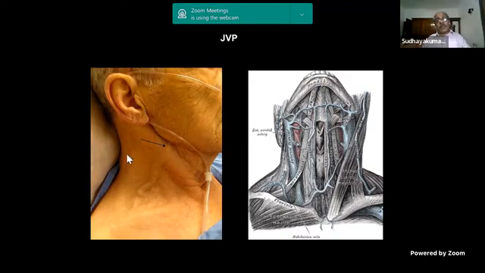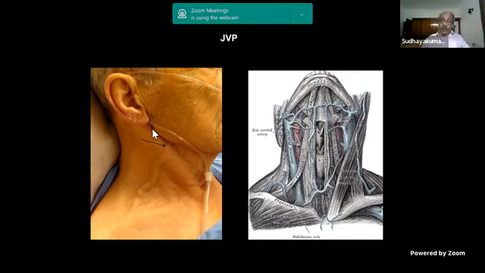It is diagonal to the sternocleidomastoid. In the lower third, it is behind the sternomastoid. In the middle third, it is underneath the sternomastoid. In the upper third, it is anterior to the sternomastoid. So it is diagonal to the sternocleidomastoid, whereas the carotid is throughout anterior to the sternocleidomastoid. That is the first thing.